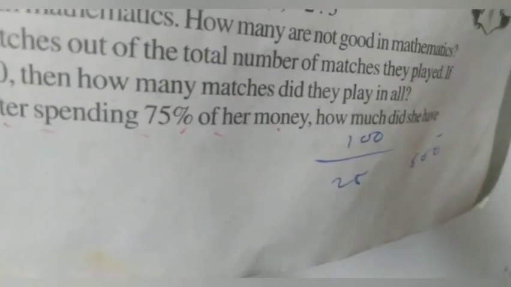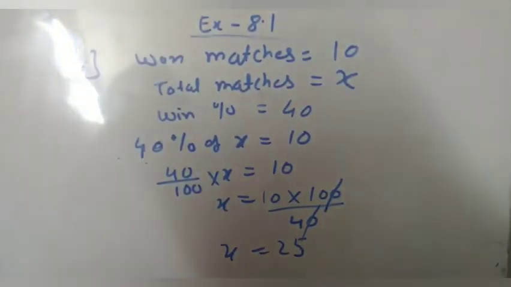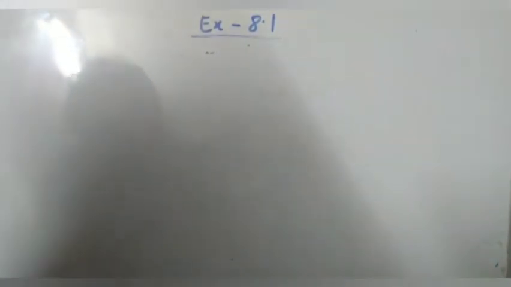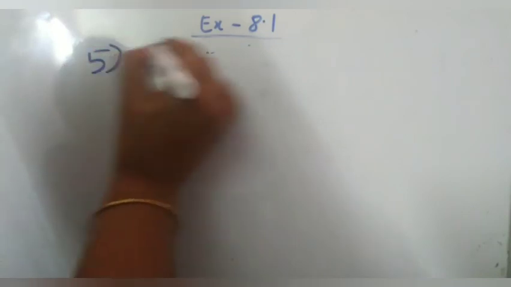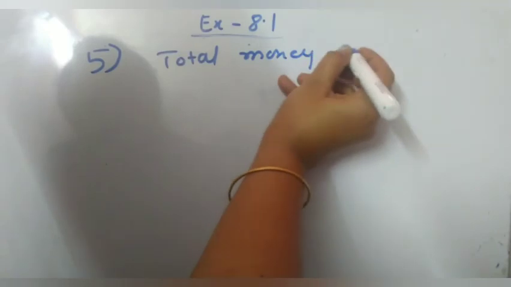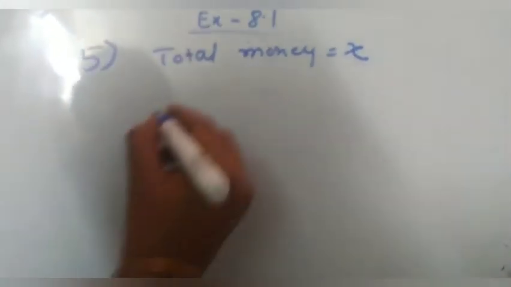Now next problem. If Chameli had 600 rupees left after spending 75% of her money, how much did she have in the beginning? So let us consider she had X rupees in the beginning. Total money equals X, and she spent 75%.